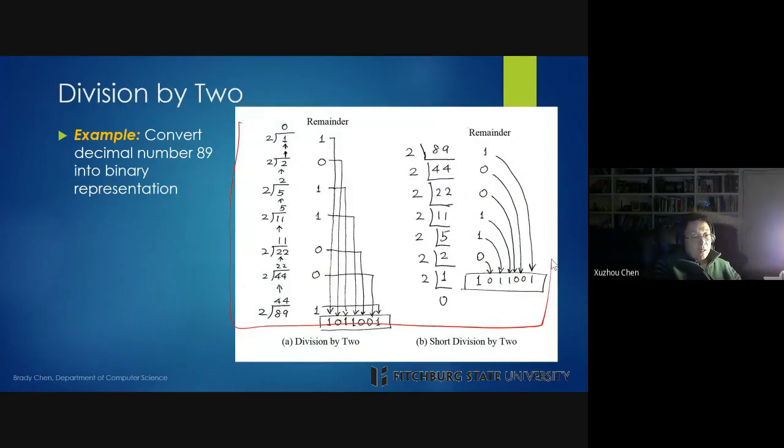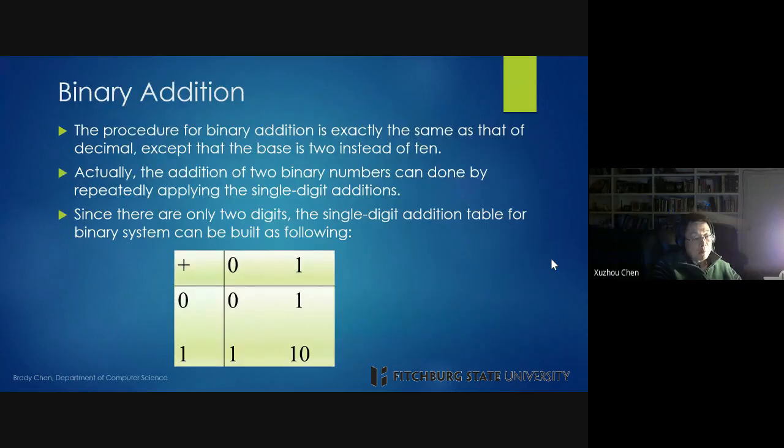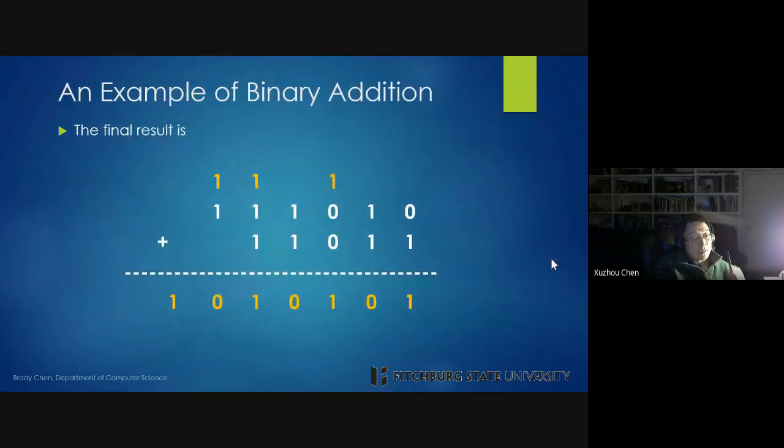Now, for every number we use in our life, it's mostly a decimal number. Most people don't use binary numbers. Some people teaching math use binary, but most people use decimal because decimal is easy to use and we get used to it.